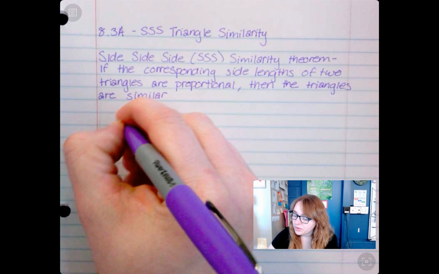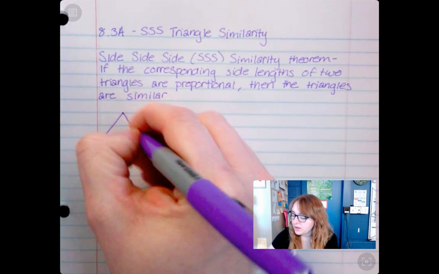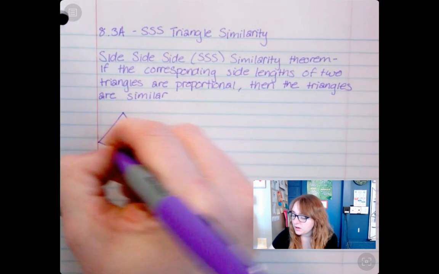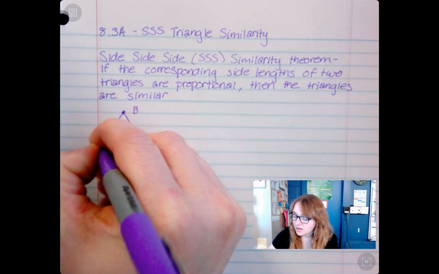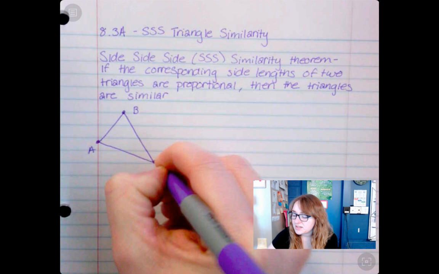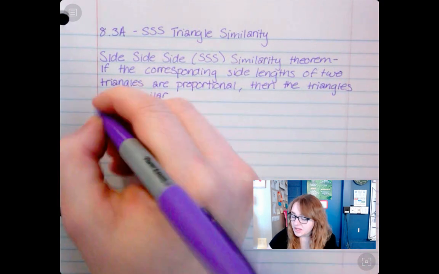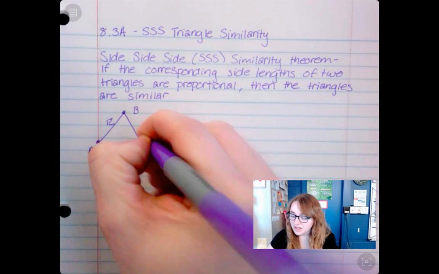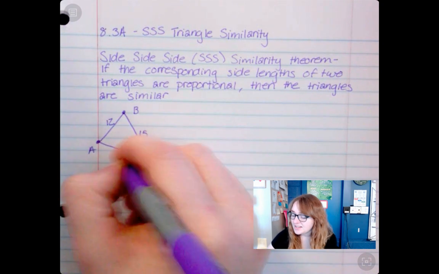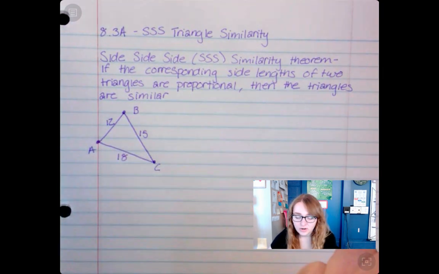All right, so we're going to have our first triangle here with points B, A, and C. So A to B is 12 units long, B to C is 15 units long, A to C is 18 units long.